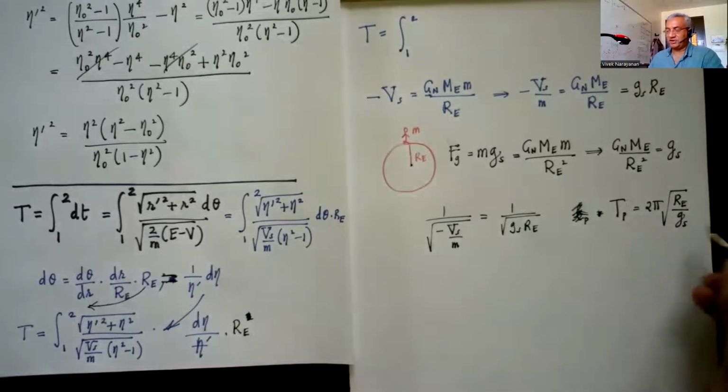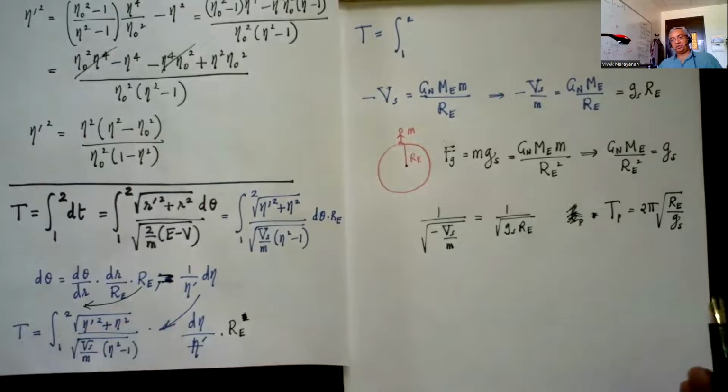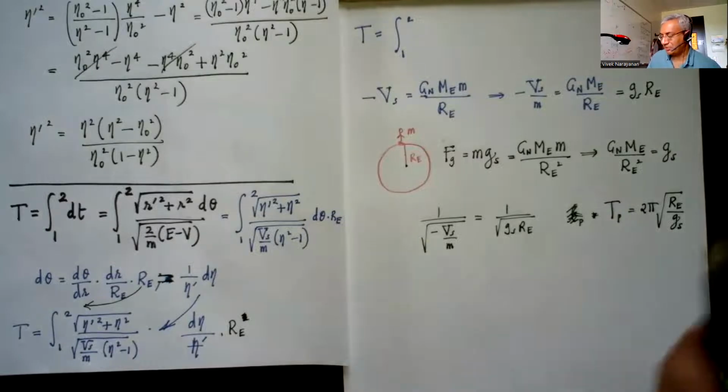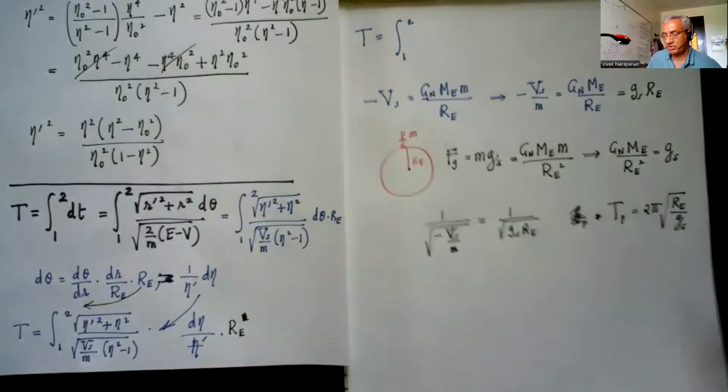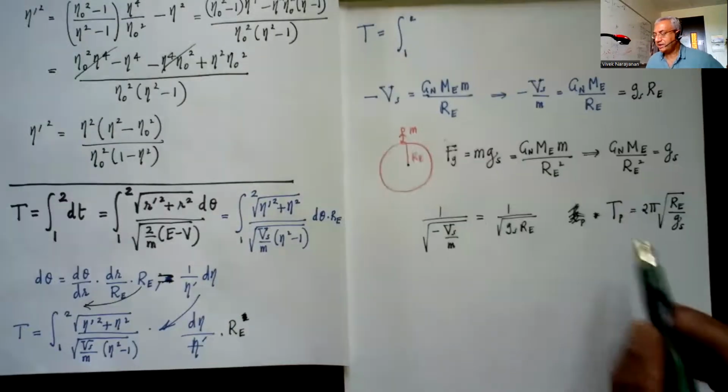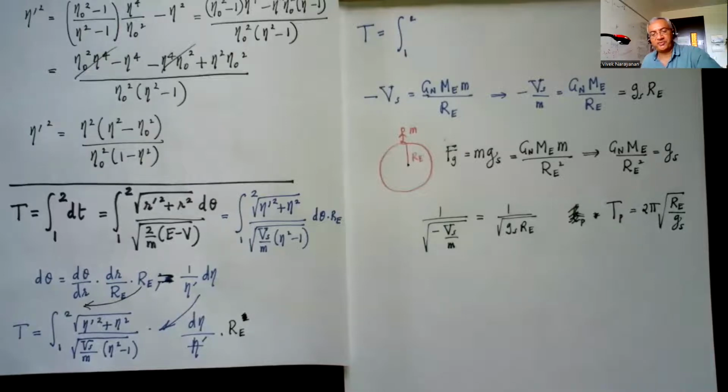So this is the period of a pendulum as big as the Earth's radius in a constant gravitational field that's equal to the Earth's surface gravity. That's called T_P. Okay, so I'm getting this square root. I'll be soon getting square root of r sub e over g sub s over there, and I can introduce this T sub p factor. So our calculation is rapidly assuming its final form.